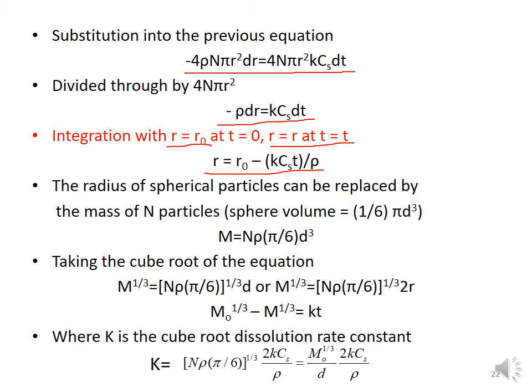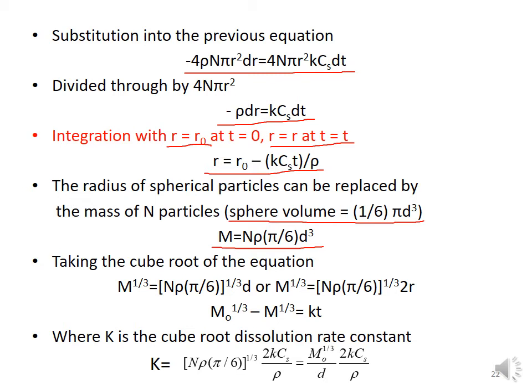Therefore, the radius is being replaced by the mass. The radius of spherical particles can be replaced by the mass of n particles. The sphere volume equals pi d cubed divided by 6. Therefore, the mass equals the number of particles multiplied by the density multiplied by the volume of a sphere.